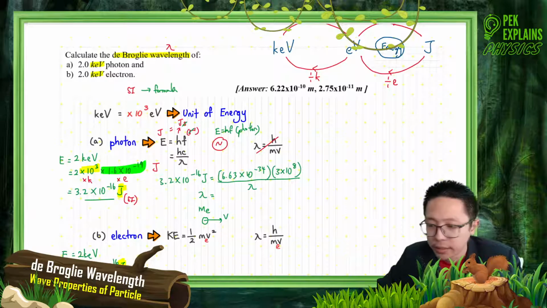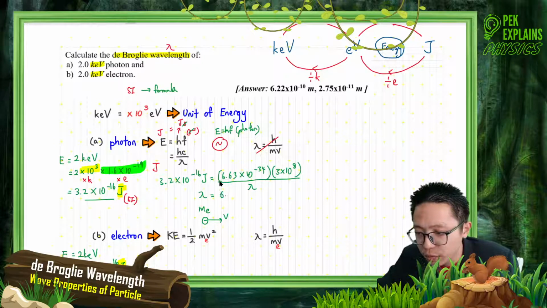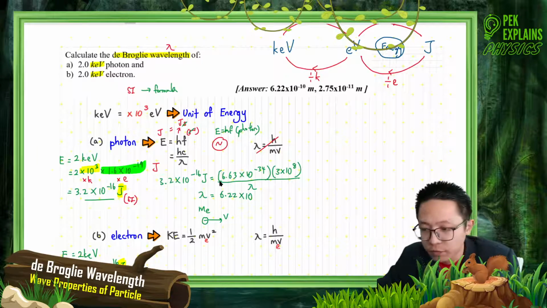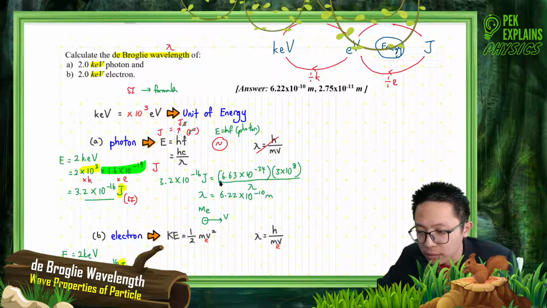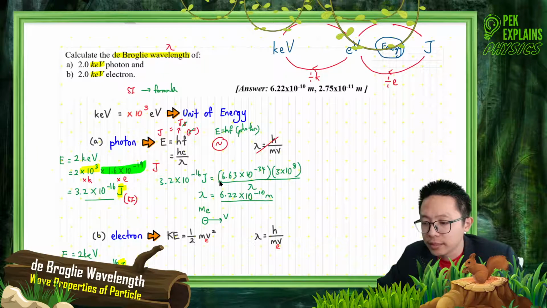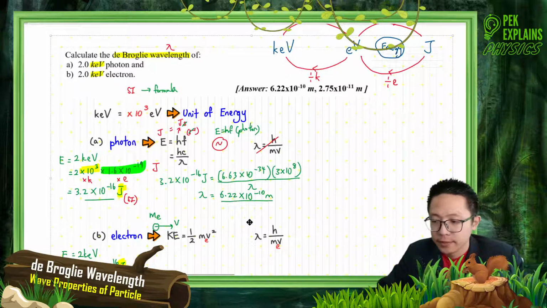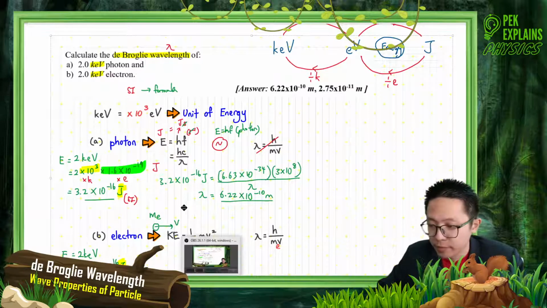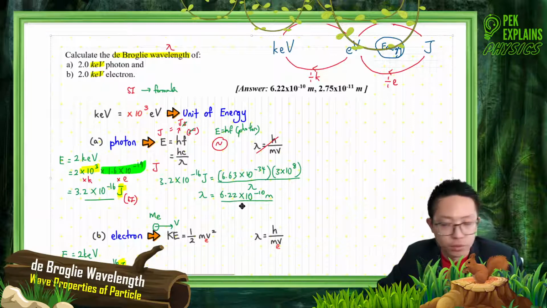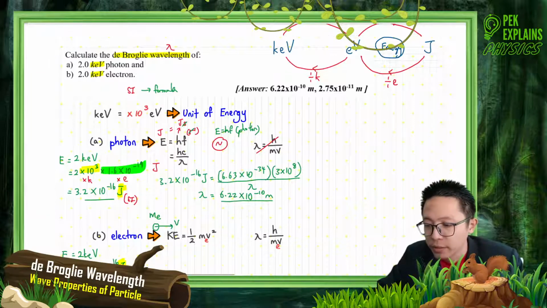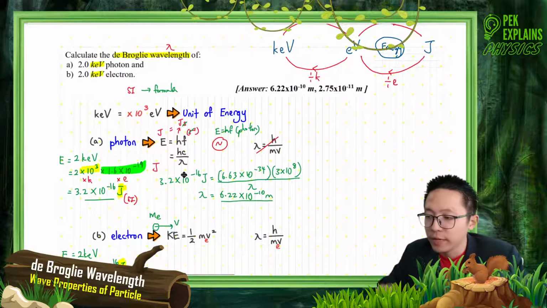Okay, correct. It is 6.22 exponent negative 10 meter. 3.2 exponent negative 16, correct. 6.22 exponent negative 10, correct. So that's the answer. That's the wavelength for the photon.